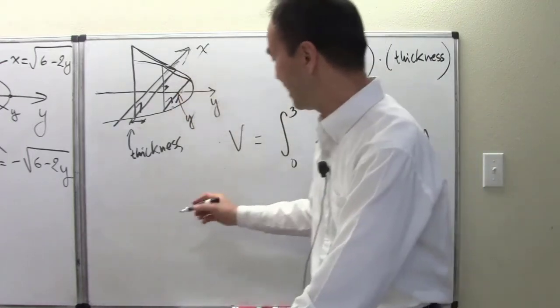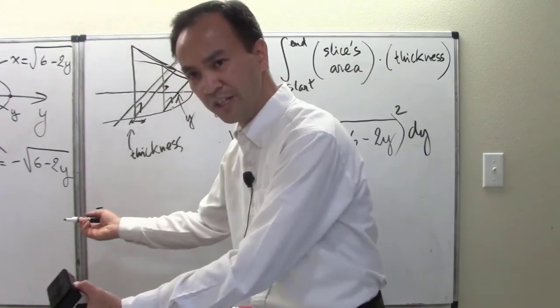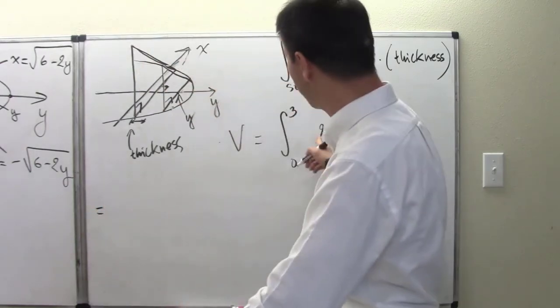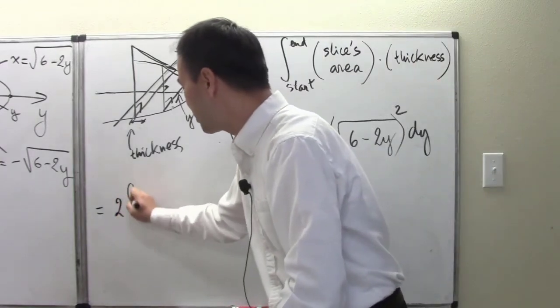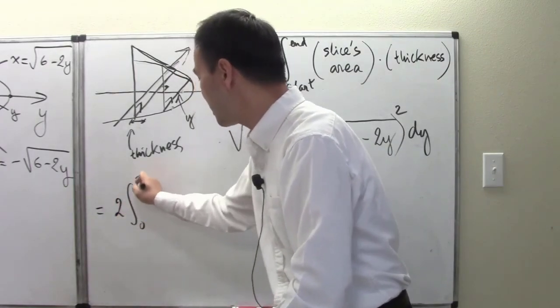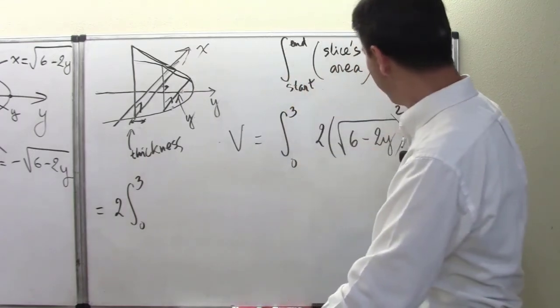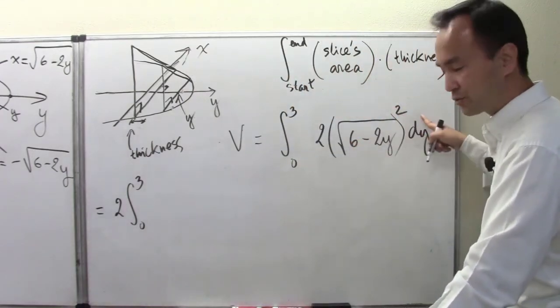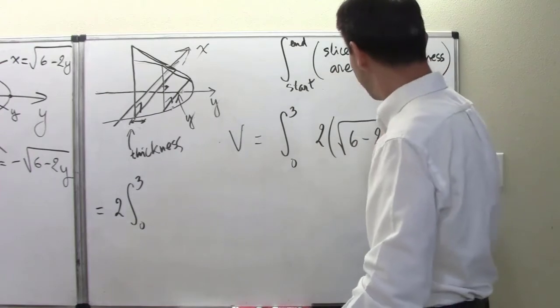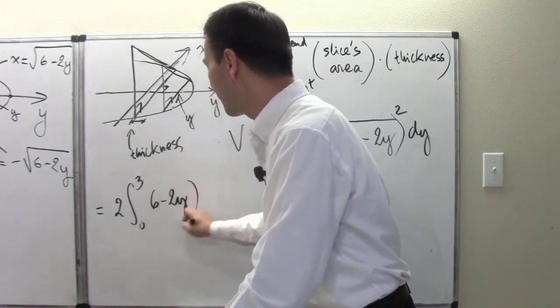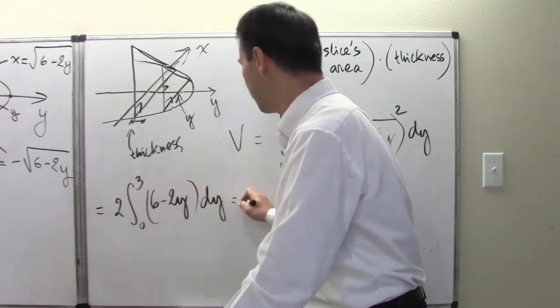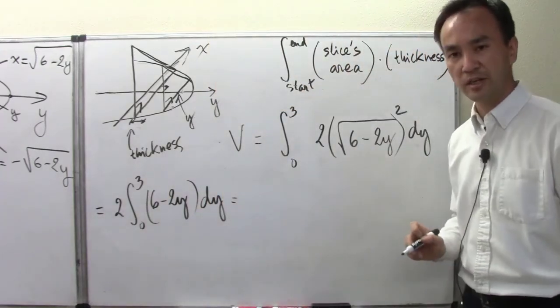Before we actually do the fundamental theorem of calculus, we can rewrite our integral as 2 times the integral from 0 to 3. The square root, as I said earlier, cancels with the square, so now we'll have just 6 minus 2y dy, and shockingly, we turn our problem into a very simple problem like that.